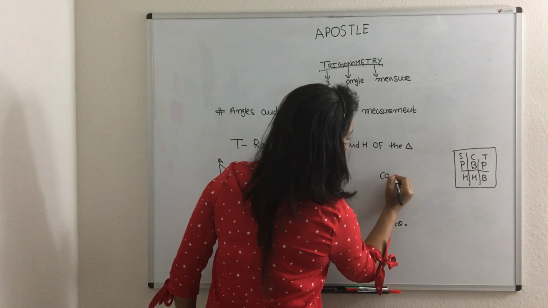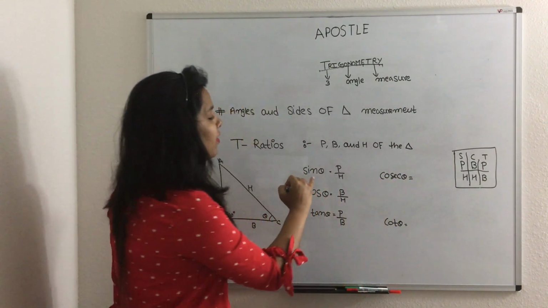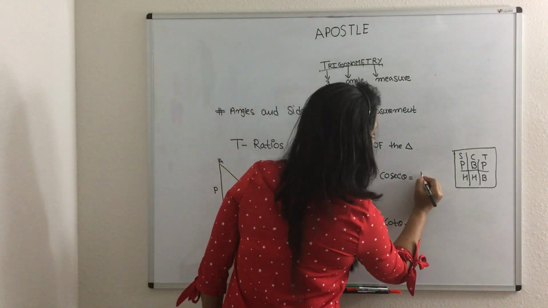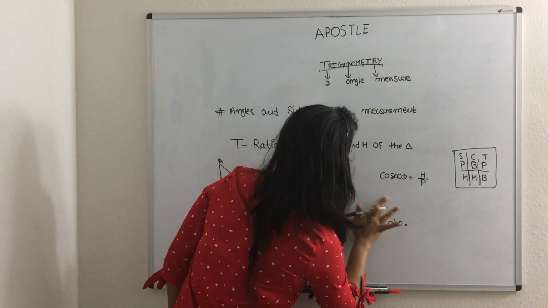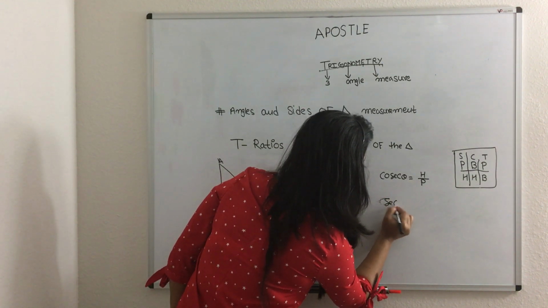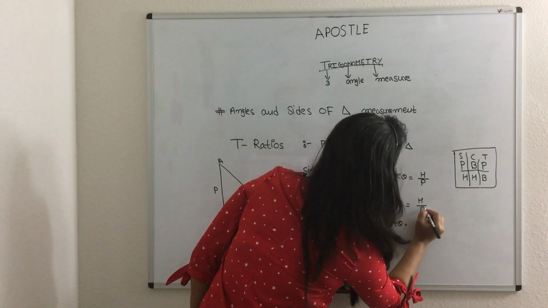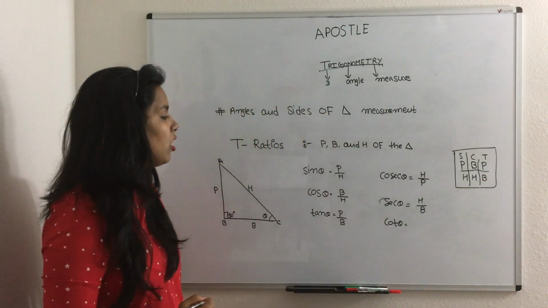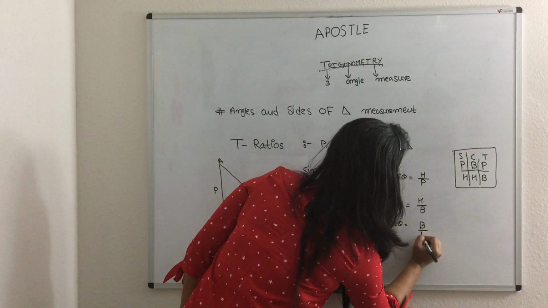Cosec theta is always the reciprocal of sine theta, so we can write cosec theta as H upon P. Sec theta is the reciprocal of cos theta, so we can write that as H upon B, and cot theta is the reciprocal of tan theta, so we can write it as B upon P.